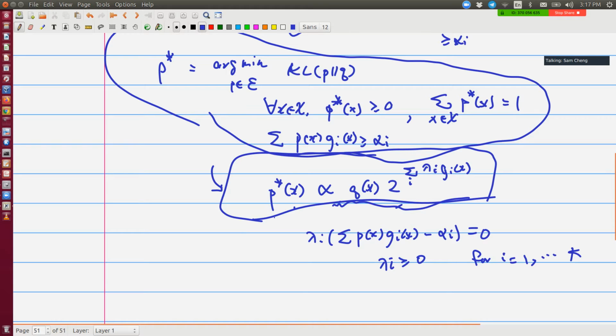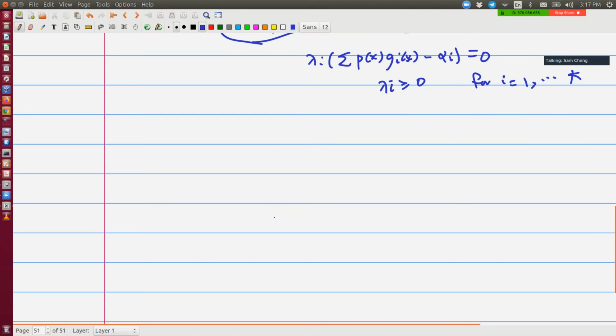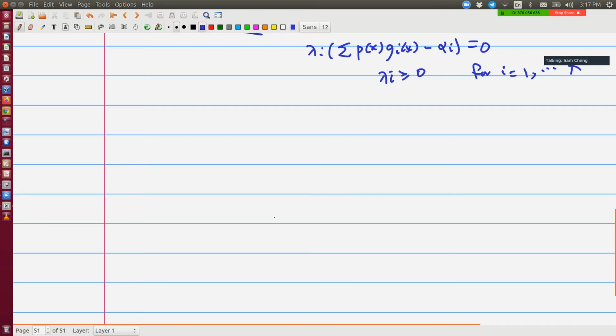So for the puzzle we mentioned at the beginning, we talked about the method of types. We mentioned that, let's say I have a fair dice, and I throw the dice 10,000 times, and then the sum of the outcomes, let's say, is larger than 40,000.